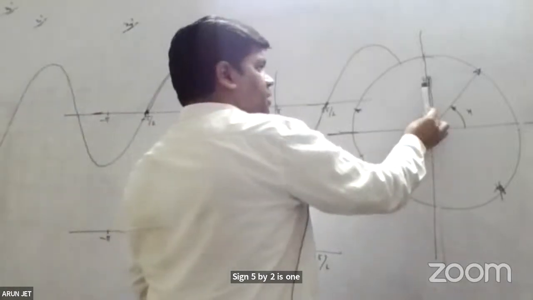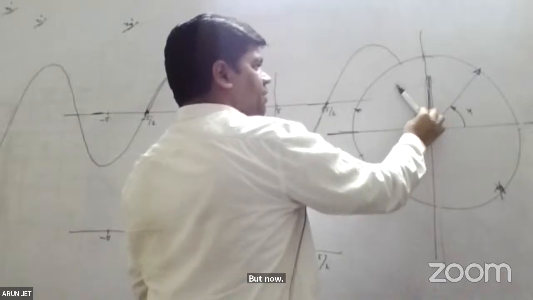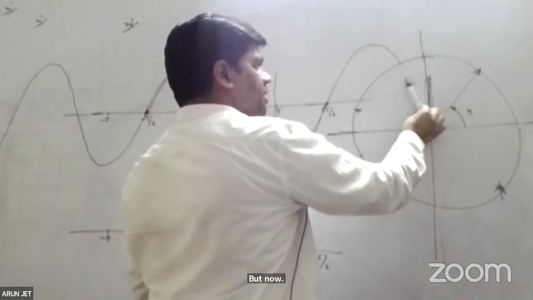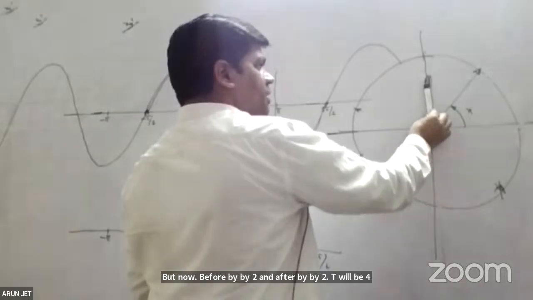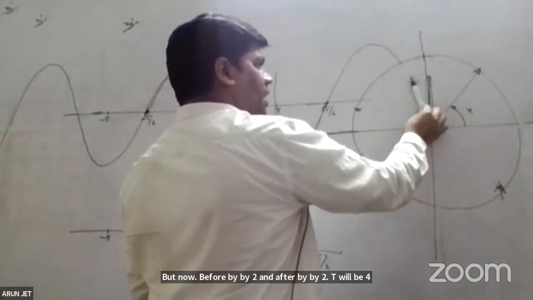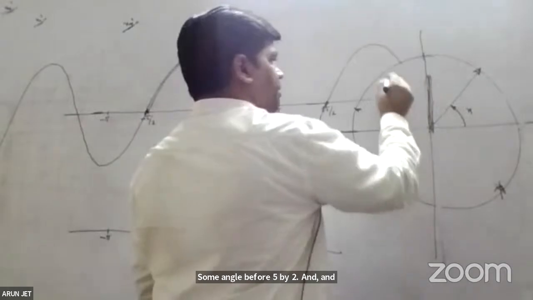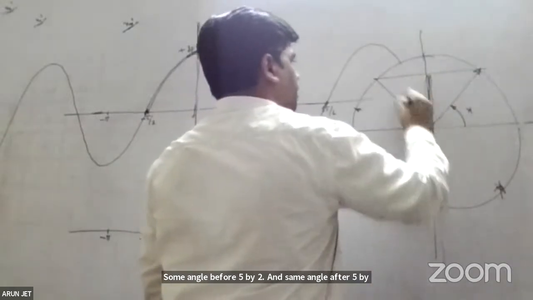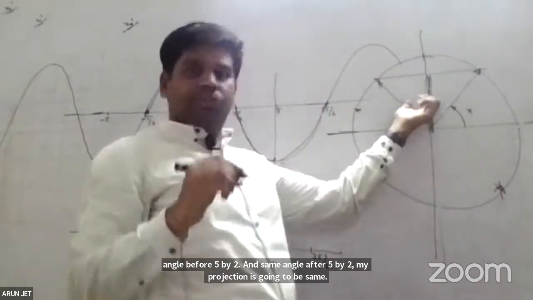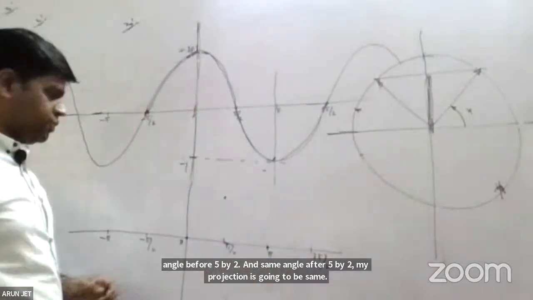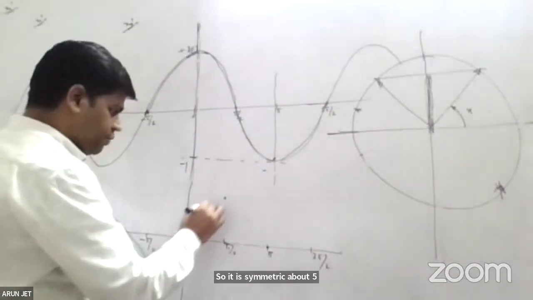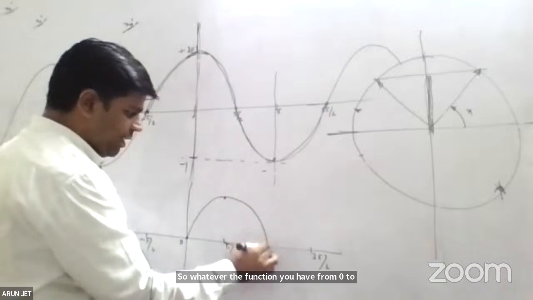But now, little before pi by 2 and little after pi by 2, or some angle before pi by 2 and the same angle after pi by 2, my projection is going to be the same. So it is symmetric about pi by 2. Whatever the function you have from 0 to pi by 2, you will have the same function from pi by 2 to pi.